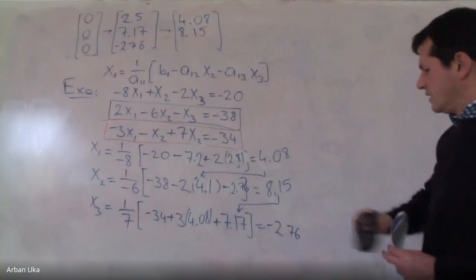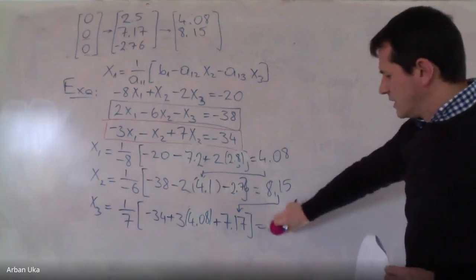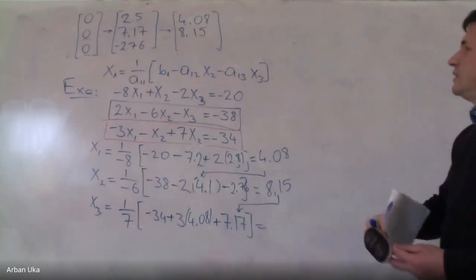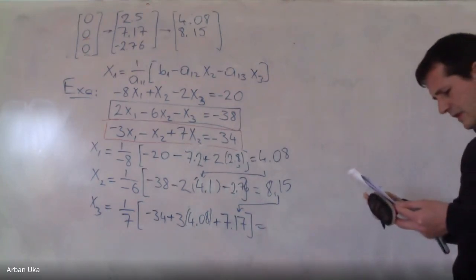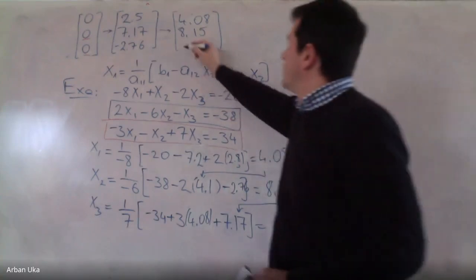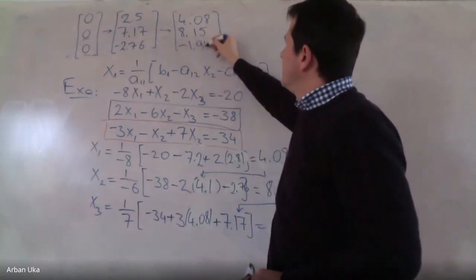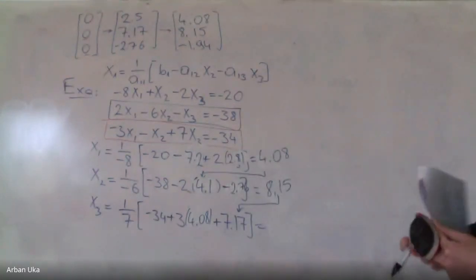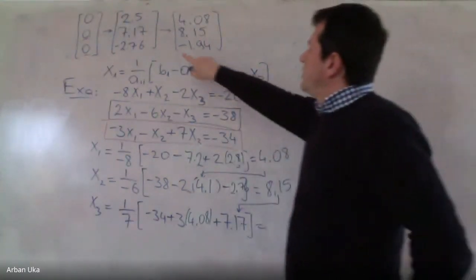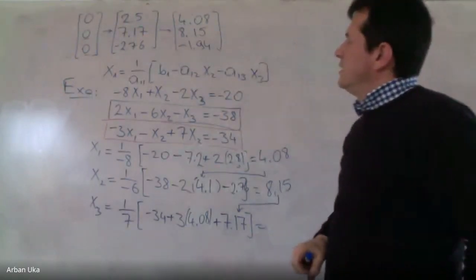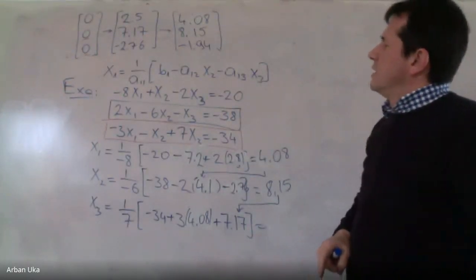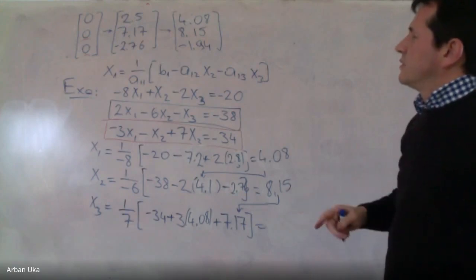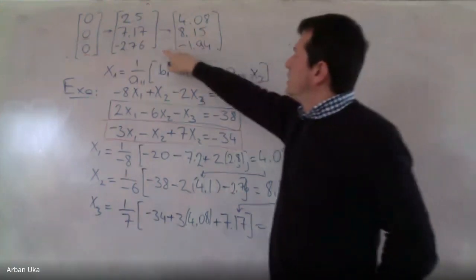And the final answer for the x3 will be minus 1.94. So these will be the updated values, and then probably we need to have another iteration because we have quite a considerable amount of error.